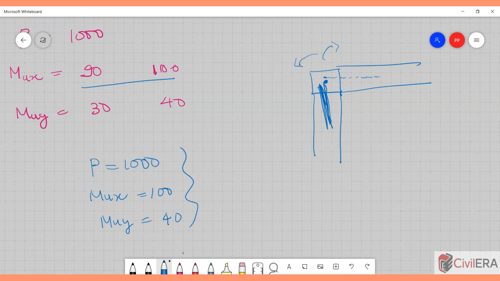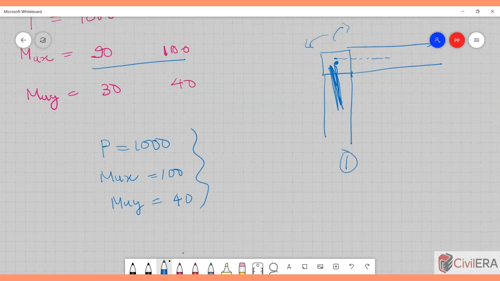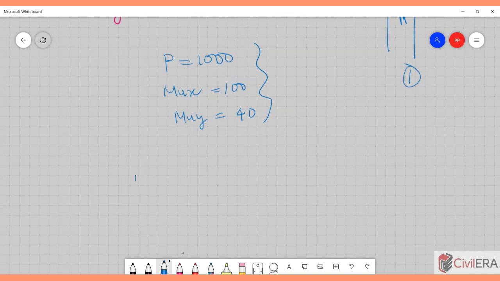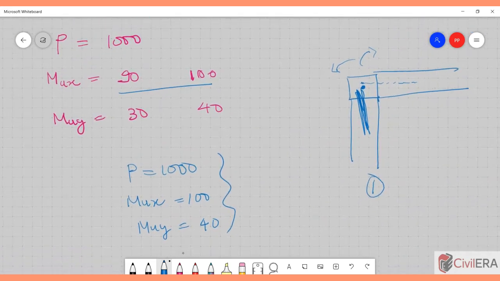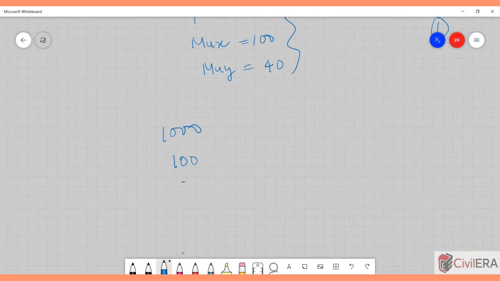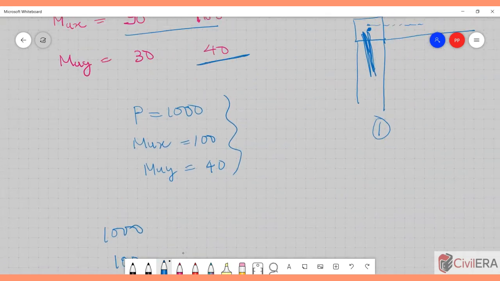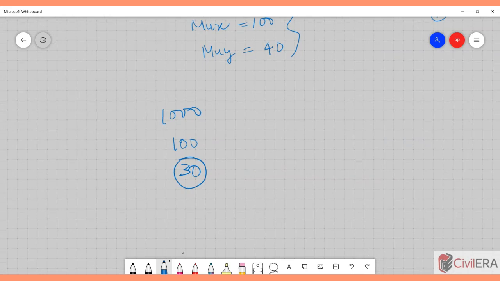So the code is asking, probably because the chance of both coming at the same time is less, to consider only one at a time, which means your first design becomes 1000, then your MUX is going to be 100, the more among the frame and the eccentricity moment, and for the second, MUY, only 30 needs to be taken. You need not take 40, because that's what the code says, one at a time.